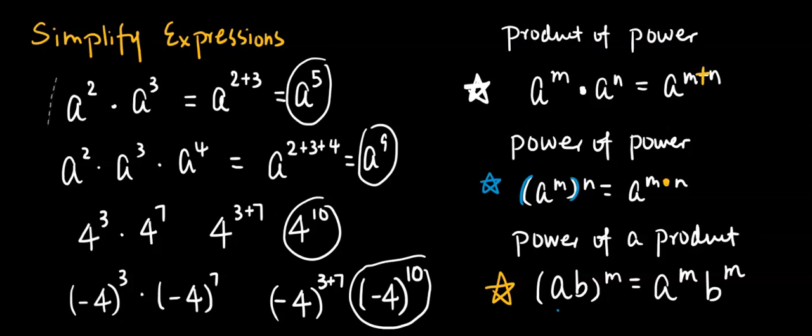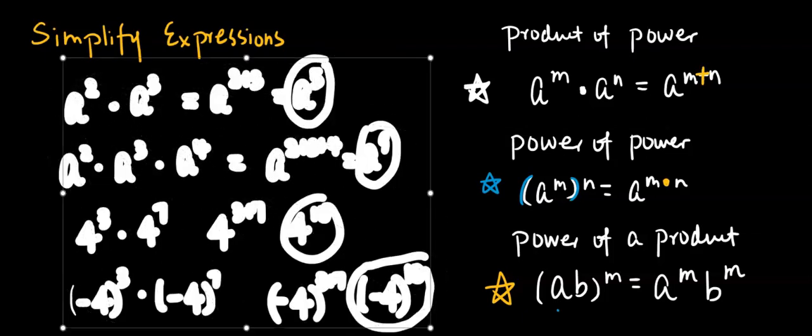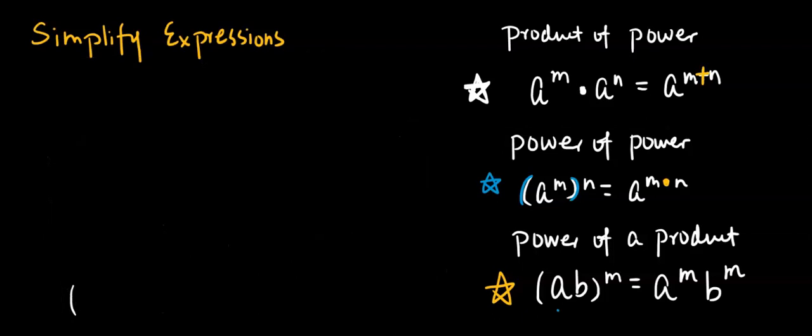Let's look at our next practice. Next practice is called power of power. Okay, let's see what we have. I'm going to give you a question that looks like this. I'm going to say y to the third power in parentheses, and outside, let's use 7. Does it look like the blue star?